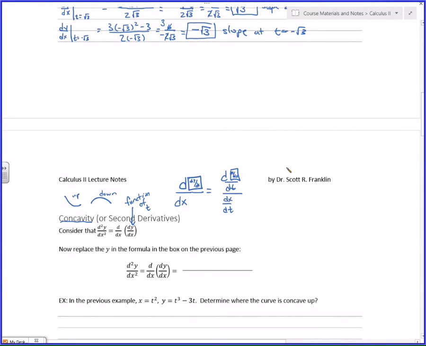Okay? So here's what you do in practice. You find dy/dx, and then to get the second derivative with respect to x, you still put dx/dt down here in the denominator, but on top you take the derivative with respect to t of the dy/dx that you just got.